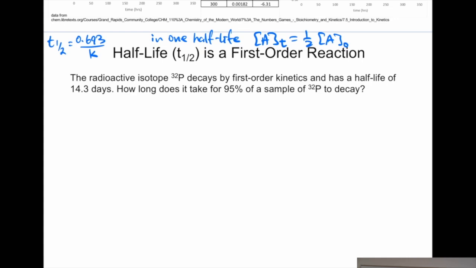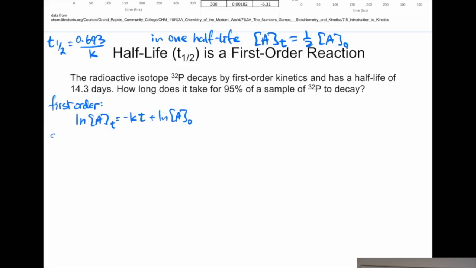So this is following first order. And let's just write that down. We'll just keep using A as our variable here. So that's the natural log of the concentration of A at time t is equal to minus kt plus the natural log of the initial concentration of A. And now I'm going to substitute that in. A sub t, I'm now going to substitute in 1/2 A initial, okay?